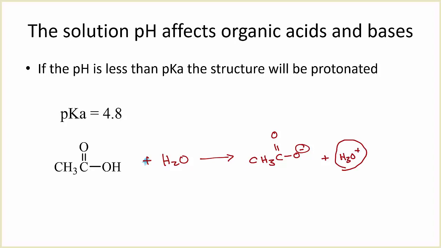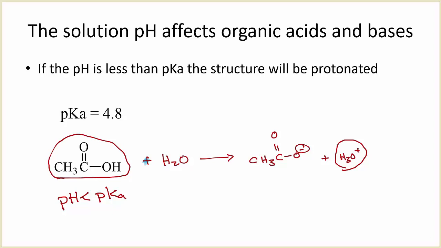If I make a solution very strongly acidic, in other words, if I make the pH less than the pKa value, and this is one of the important things about the pKa value, if I make the solution more acidic than the strength of the acid, then the acid will be mostly in its protonated form.